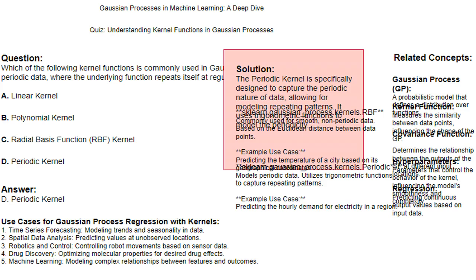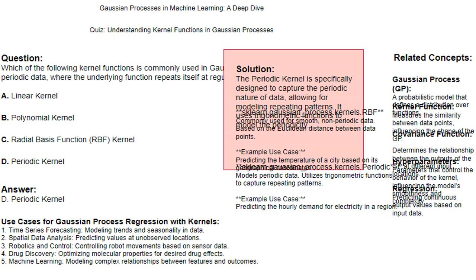Hyperparameters: parameters that control the behavior of the kernel, influencing the model's smoothness and complexity.